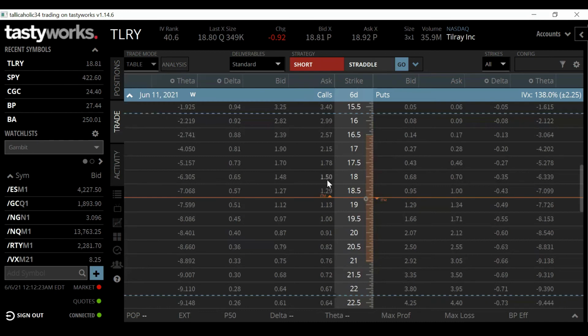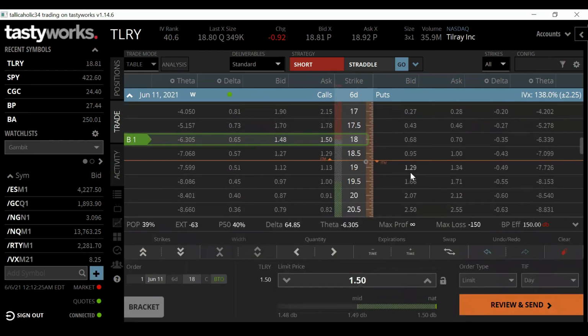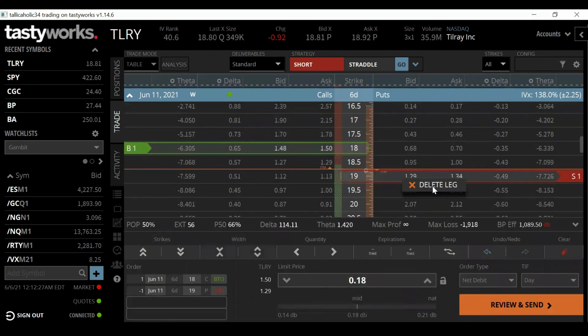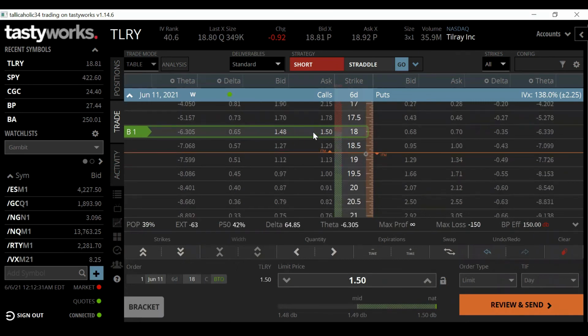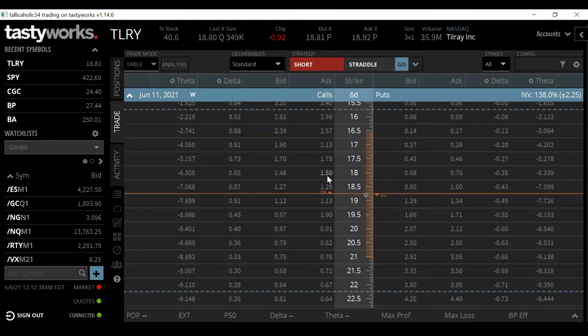Let's say we are in the 18s here, and we want to roll this out. Obviously, you would sell this, and then you would buy another one. But really, it doesn't matter. You're just reestablishing in another expiration date. It's costing you the same price anyway. You're not collecting anything special because it's just a debit.